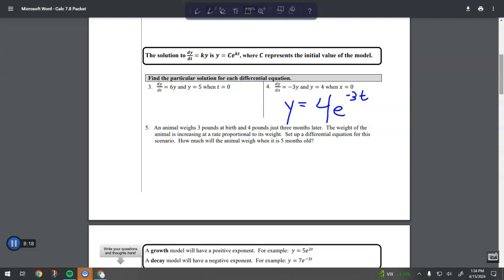Is that alright for 4? Who's celebrating over here? Good work. Carter was celebrating? You have a question? What do you got? Yeah, it would be X in this case.